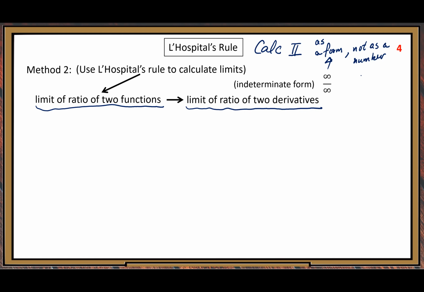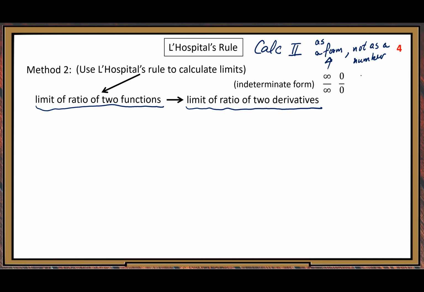Another possibility is 0 over 0. Still, we treat it as a form, not a number. If you try to understand 0 over 0 the number way, it does not make sense. It does not exist. There is no such number.